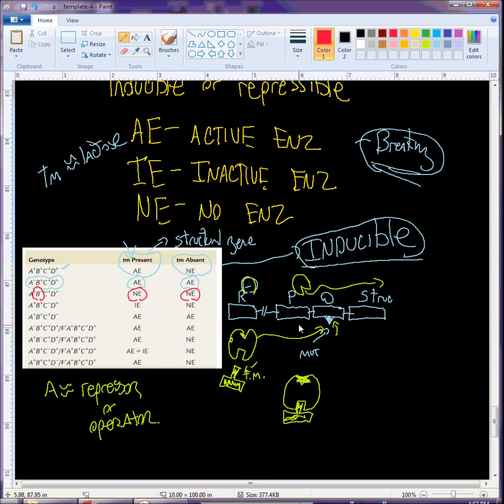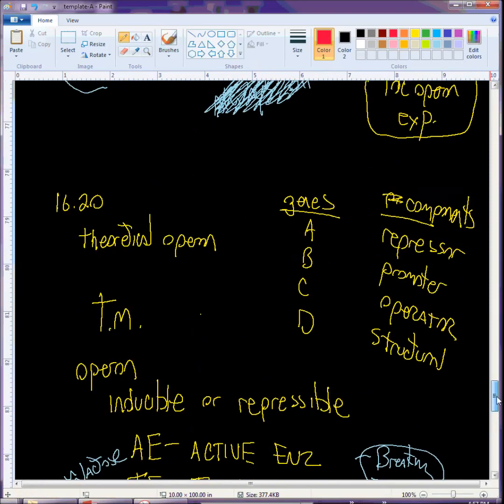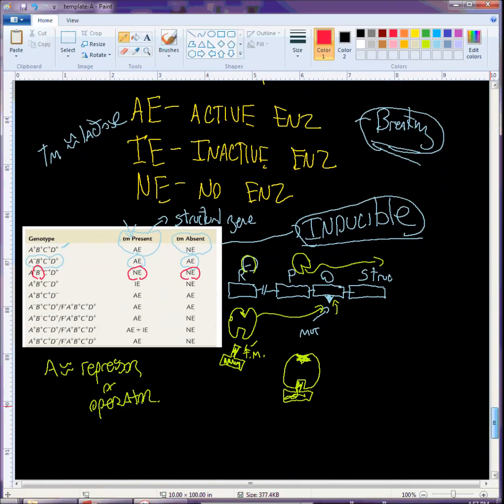So B could be a mutation in the promoter, right? Because RNA polymerase could not bind. Or it could be the enzyme.